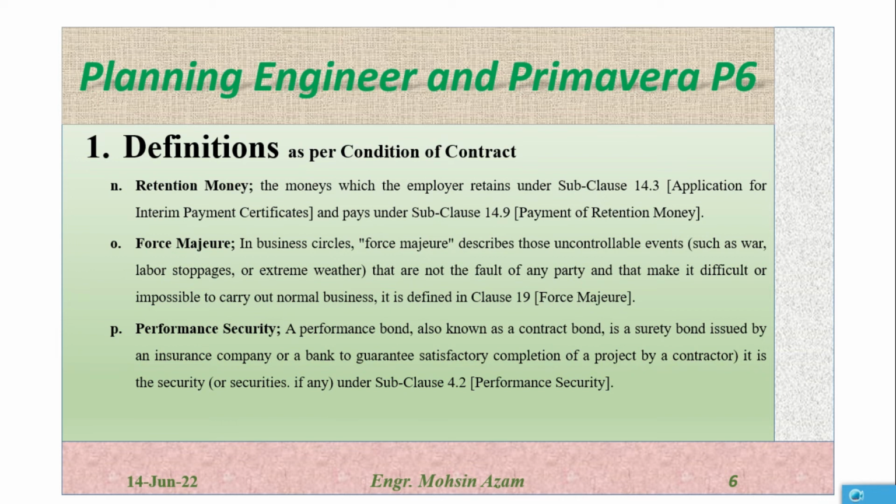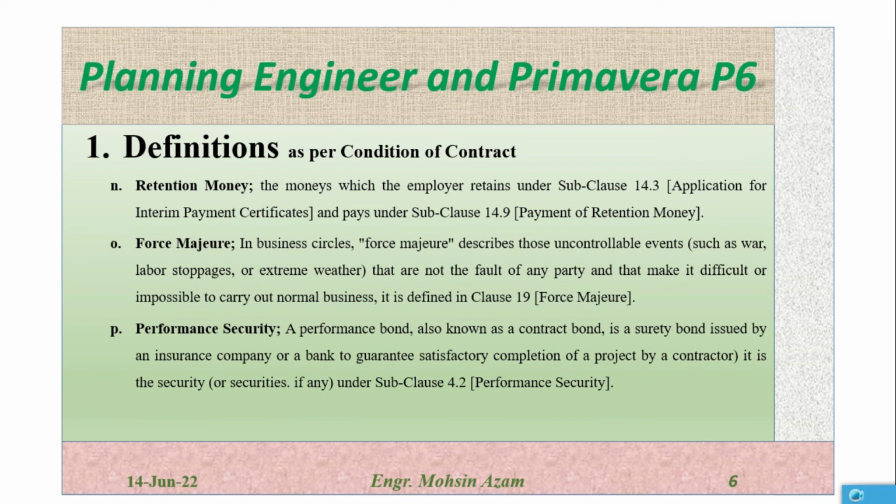Force majeure. In business circles, force majeure describes those uncontrollable events. These are basically uncontrollable events such as war, which is not in our control, or labor stoppages or labor strikes, and external weather conditions. These are all force majeure. They are not the fault of any party, either the contractor or the employer, and they make it difficult or impossible to carry out normal business.